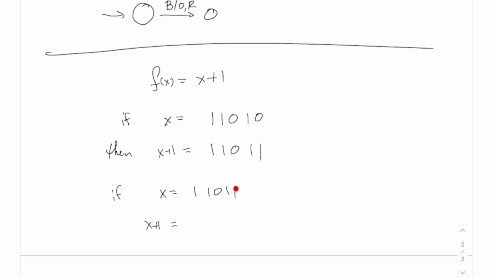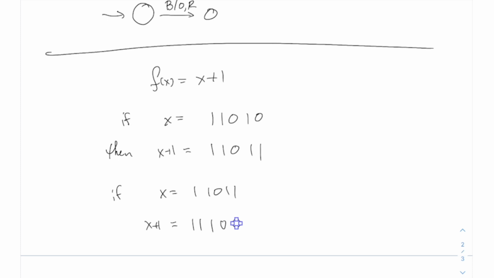I add 1 over here, which makes that a 0, and then I carry to the left. Yeah, this is how you would do it.